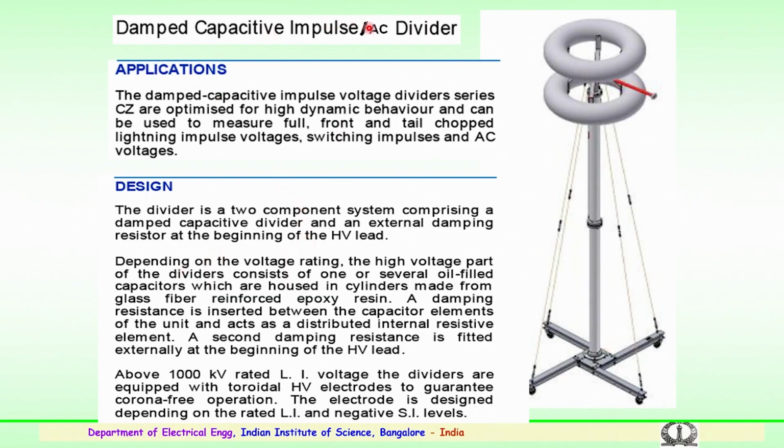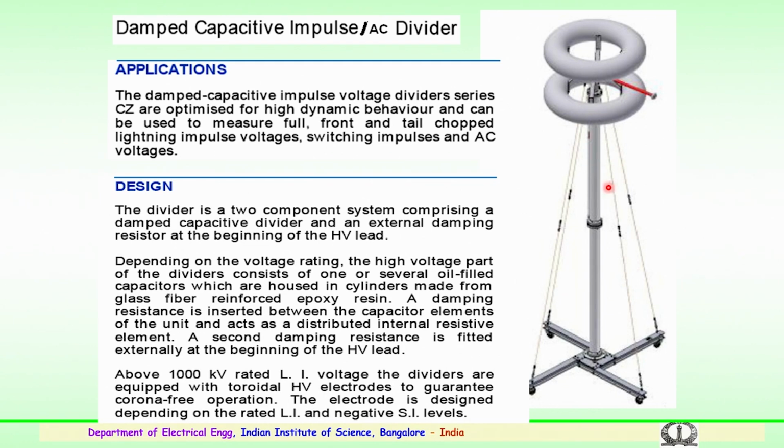So, the damped capacitive impulse divider is a combination of a capacitive divider with the external damping resistance at the beginning of the high voltage lead. If I am taking the high voltage lead from here, the beginning would consist of a small resistor which will be used for damping.